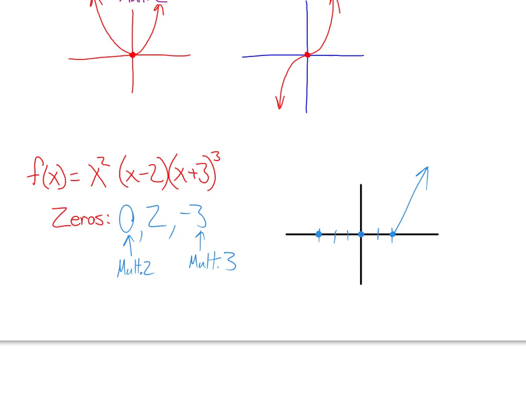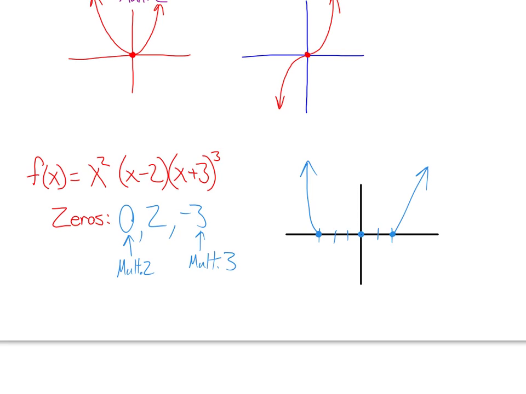We have x squared, x, and x cubed, so we have a total of x to the 6th. If you count your multiplicities, 3 plus 1 plus 2, we've got 6. So my left side is going to do the same thing that my right side is doing. It's going to go up.